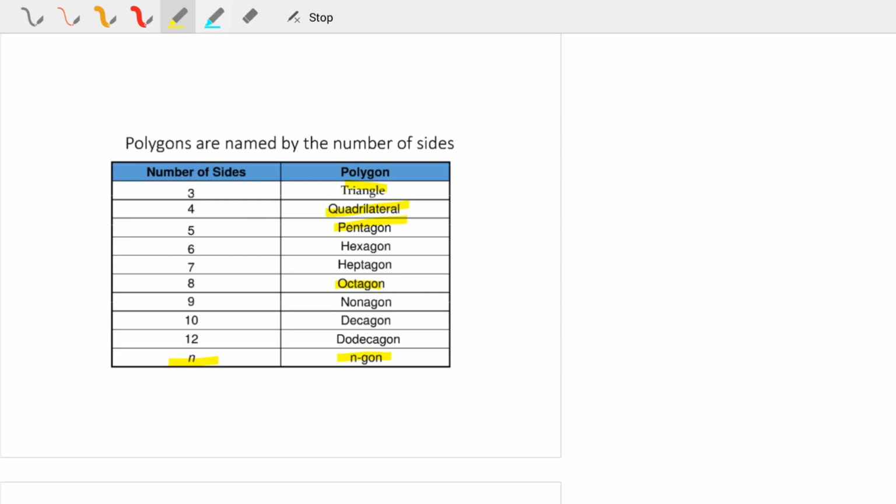So say for instance, if a polygon has 20 sides, what am I going to call it? Well, I'm just going to be super lazy. I'm going to call it a 20gon. I'm not going to try to look up what the name is or even try to pronounce it. Okay, so let's go ahead and move on.